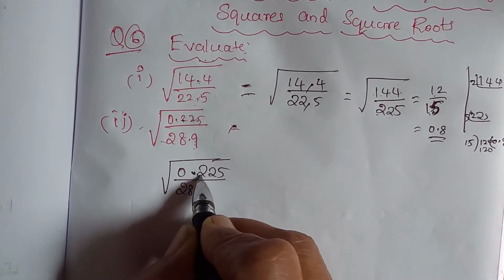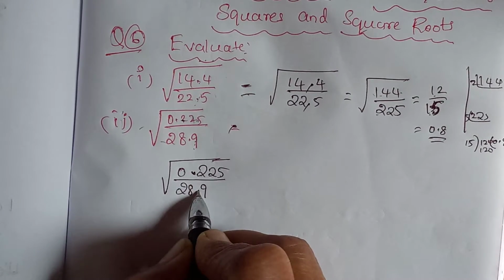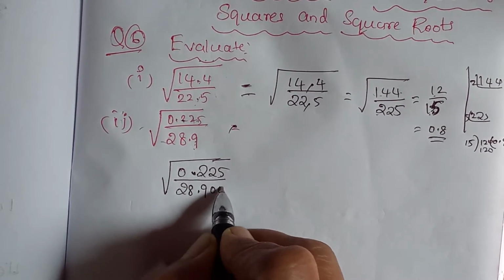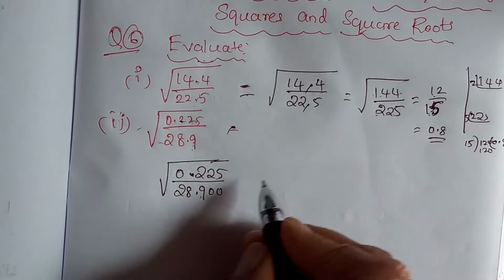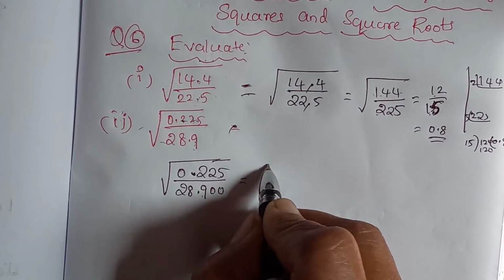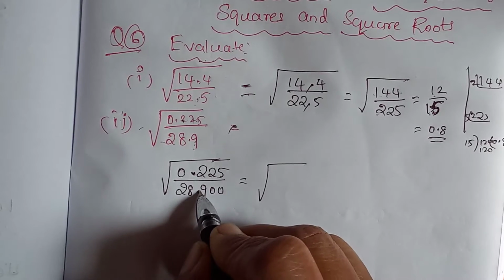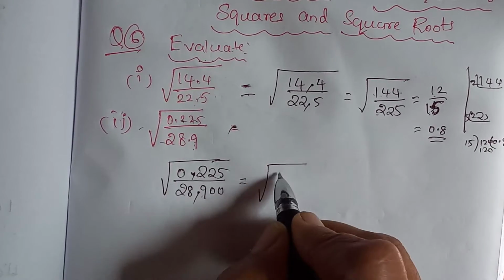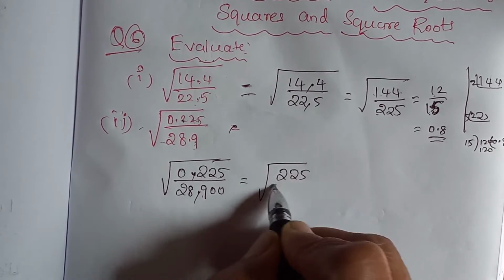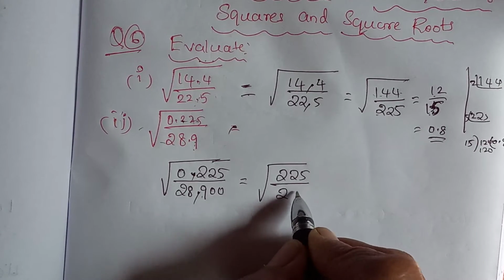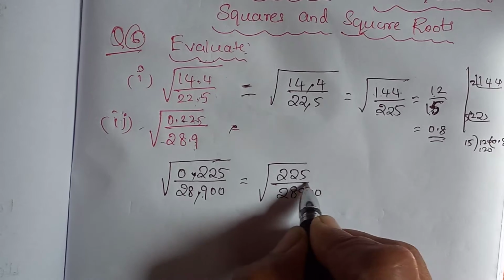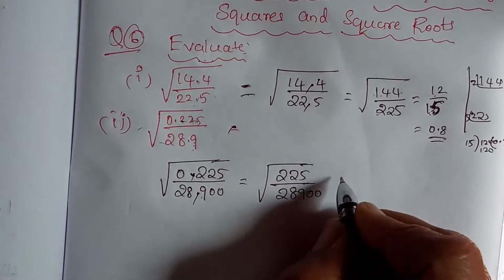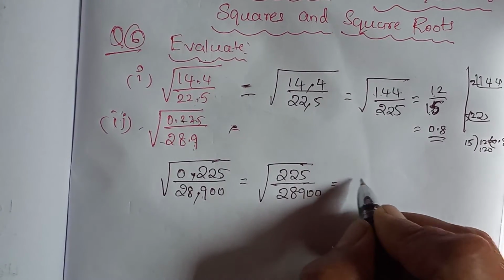See, after the decimal we have 3 digits, here we have 1 digit. So we can write 2 more zeros to make equal decimal points. Now I can remove the decimal after conversion, and now this will be 225 by 28,900.